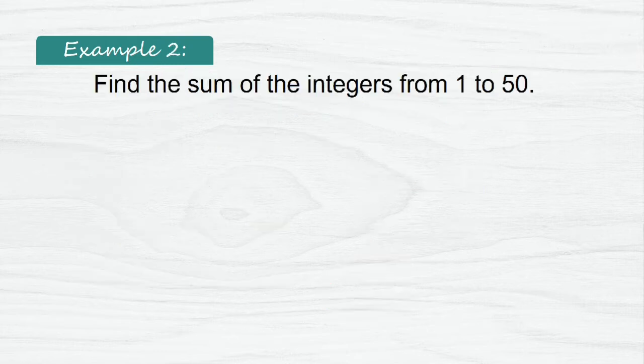Another example. Find the sum of the integers from 1 to 50. So to form the sequence of integers from 1 to 50, we have 1, 2, 3, up to 50. So 50 here is the last term.